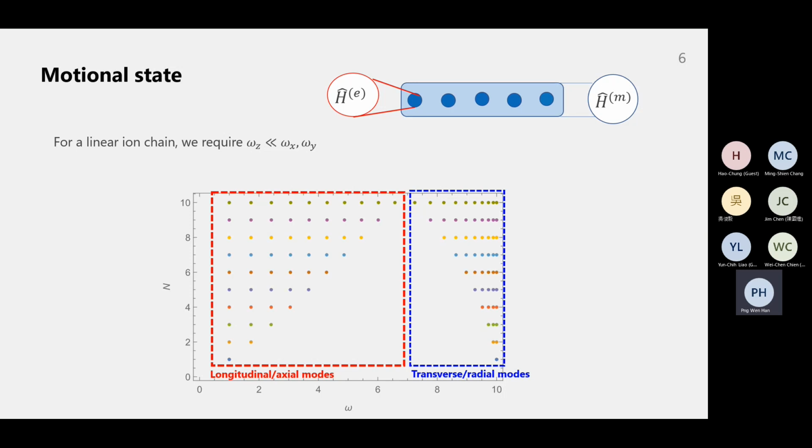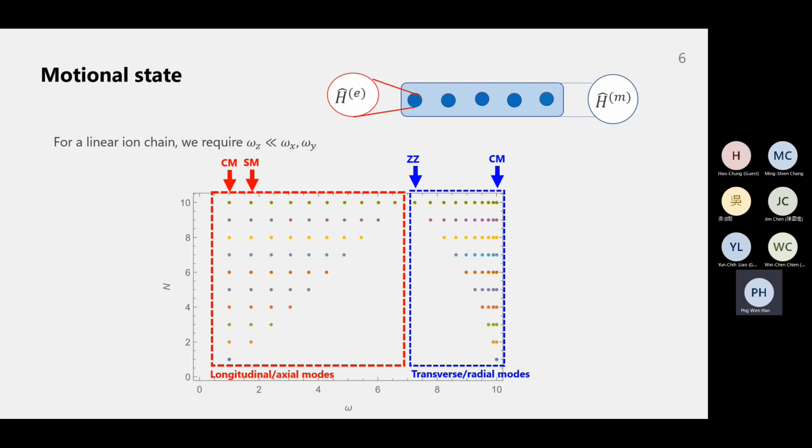For the longitudinal modes, the center of mass mode has the lowest frequency, followed by the stretch mode. For the transverse modes, the center of mass mode has the highest frequency, and the zigzag mode has the lowest frequency.